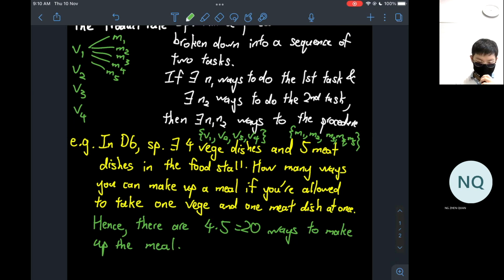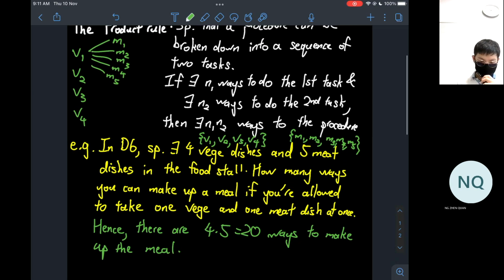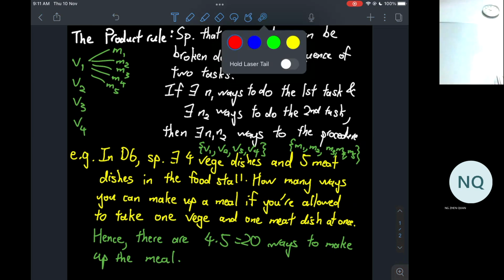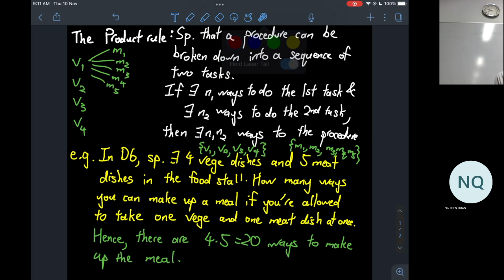Okay. So you pair V1 M1, V1 M2, V1 M3, and so on: 4 times 5 pairs.